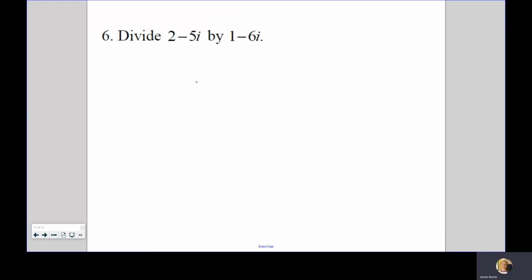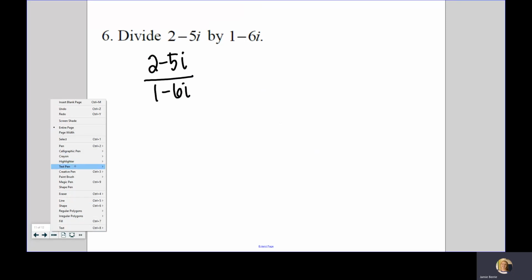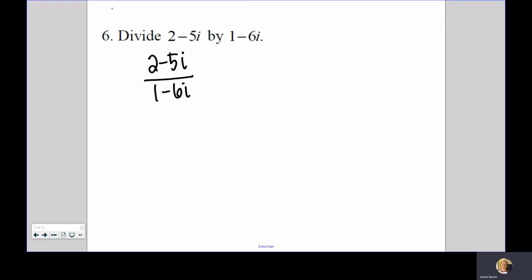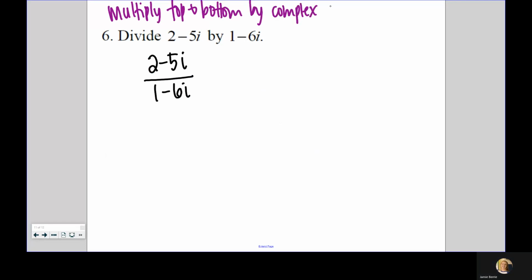All right, so whenever we go to divide by a complex number, like in this example, we have 2 minus 5i divided by 1 minus 6i. What you want to do is multiply the top and bottom by the complex conjugate of the denominator.